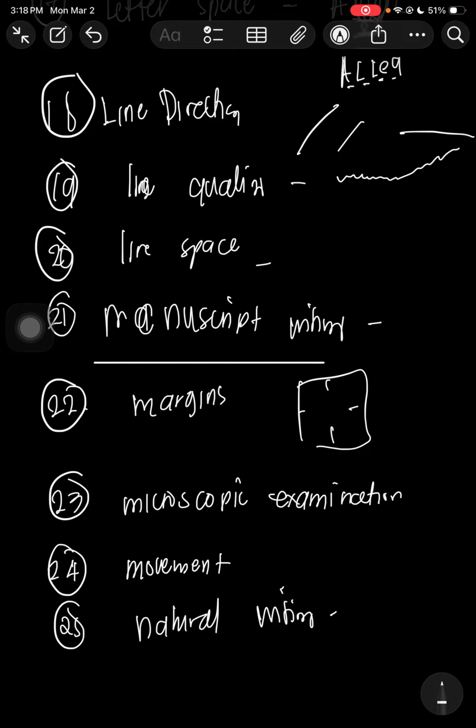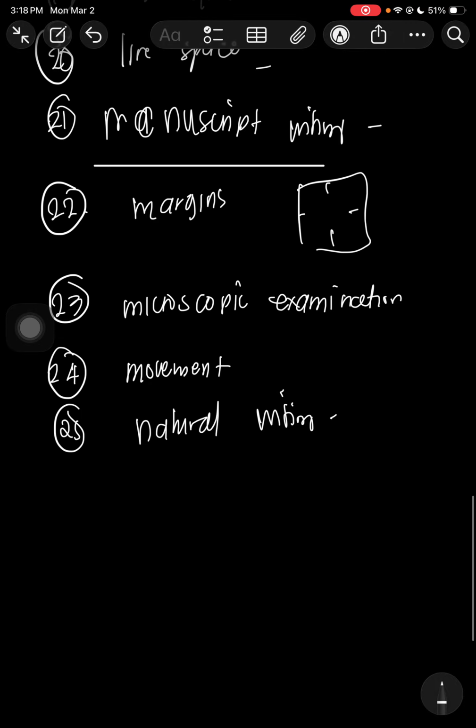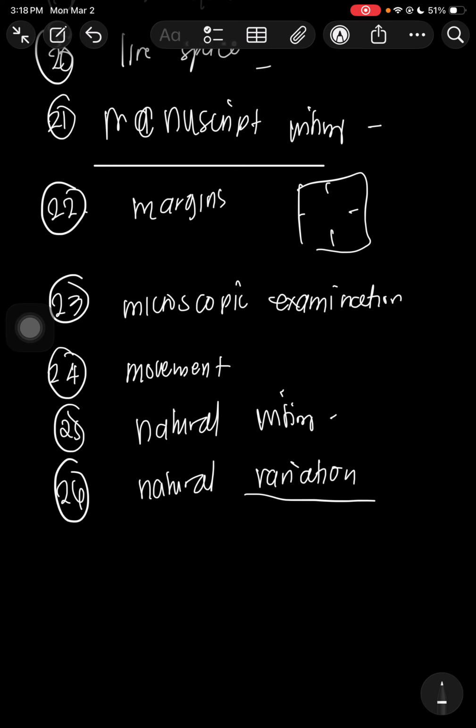Next is the natural variation. Natural variation, these are the normal or the usual deviations found between the repeated specimens of any individual handwriting. So kunyari mga sulat na ganito, no? So makikita mo, ma-identify mo na same lang din to kapag sinulat ko.